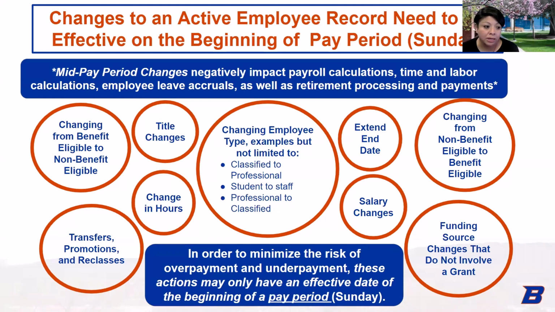Any kind of employee type changes create a situation for very manual calculations with retirement and benefits, and we don't have a way to catch if payroll calculations are coming through correctly as well. So the best rule of thumb, in order to minimize the risk of any kind of overpayments or underpayments, is to use a Sunday beginning of a pay period.